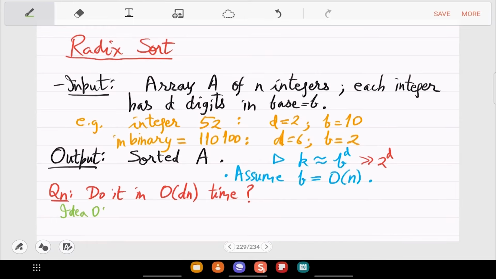So idea zero will not work. So old sorting algos, or just maybe merge sort, will take n log n time, which generally will be very, very much bigger than dn.